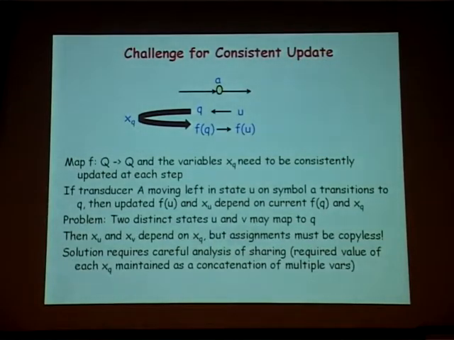Unfortunately I don't have time to show you how that works. But intuitively, you have to do a careful analysis of sharing, and you can't just store these values of xq directly. You have to store them symbolically and make sure that you are updating that information consistently and in a copyless manner at every step.